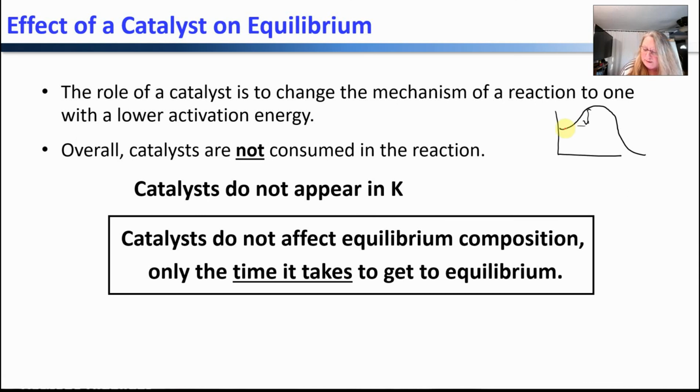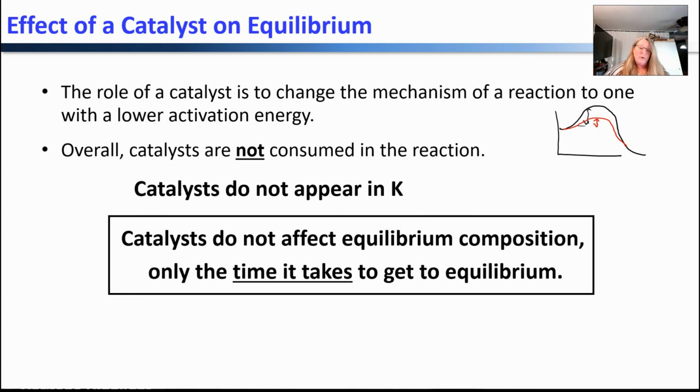So I end up with something like maybe that goes like this. So the nice thing about this is the activation energy is decreased in both directions, but I haven't made more. I'm still only going to make as much as I could make without a catalyst. It just goes faster.